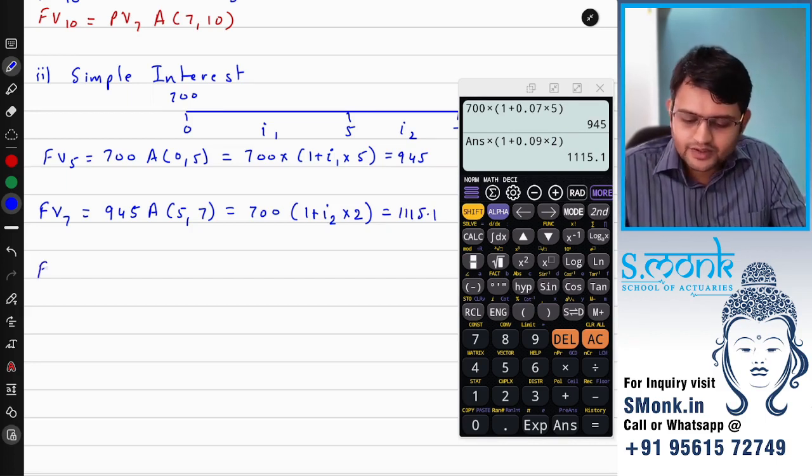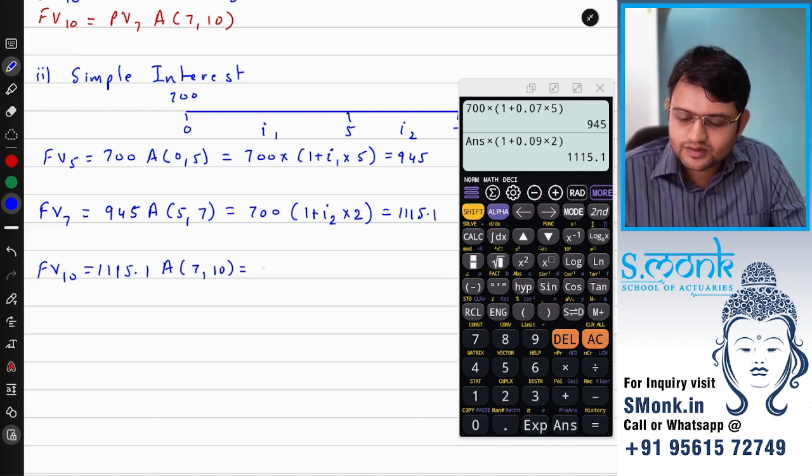And similarly, future value at time 10, take this 1115.1, accumulated from time 7 to time 10.